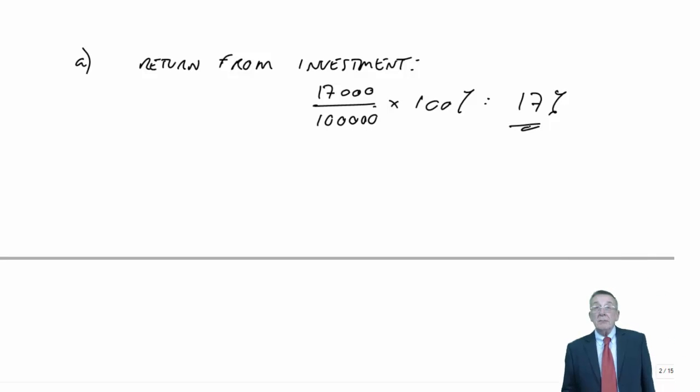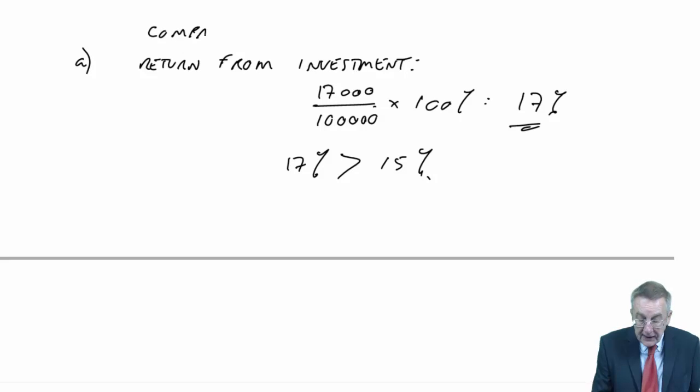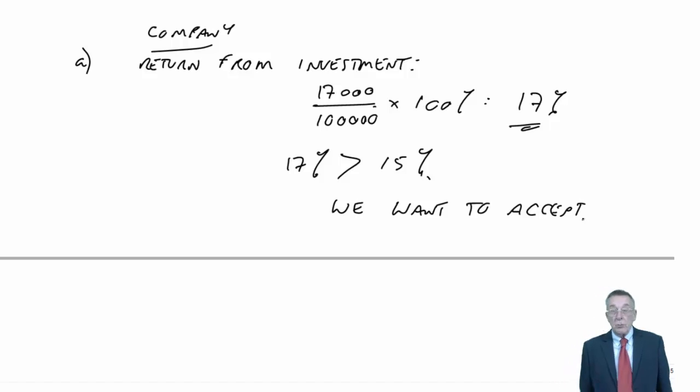It's giving an expected return of 17%. Our target for the company is 15%. And so as far as the company is concerned, we want to accept. No problem.